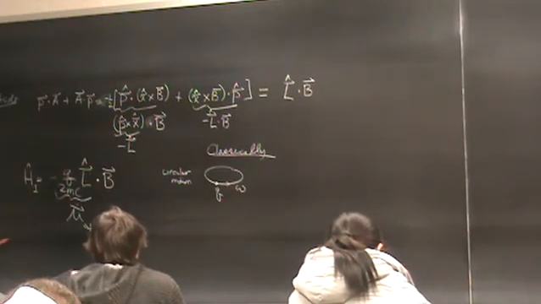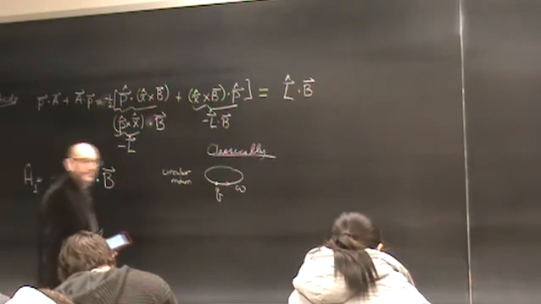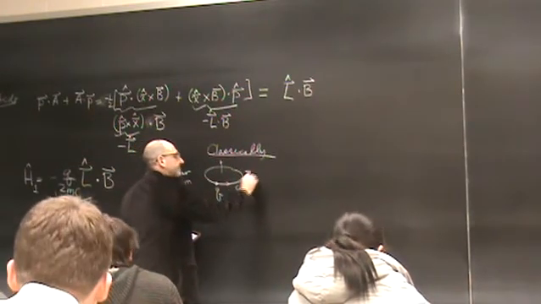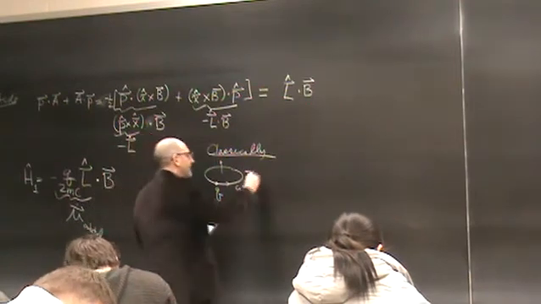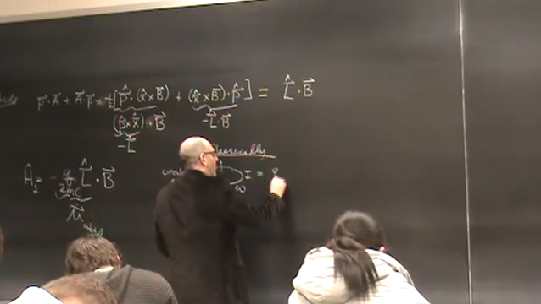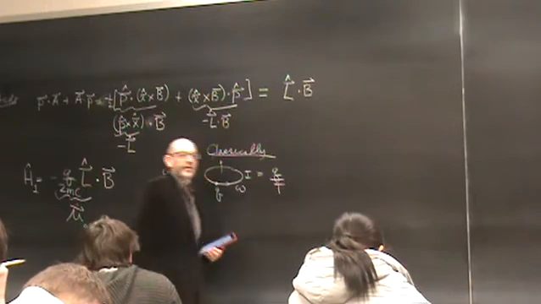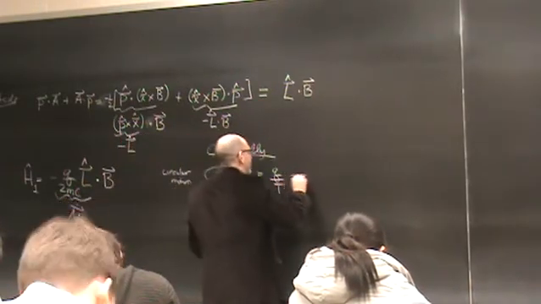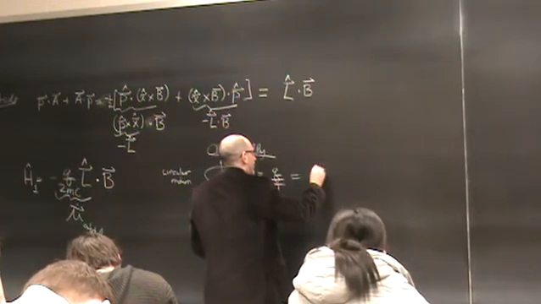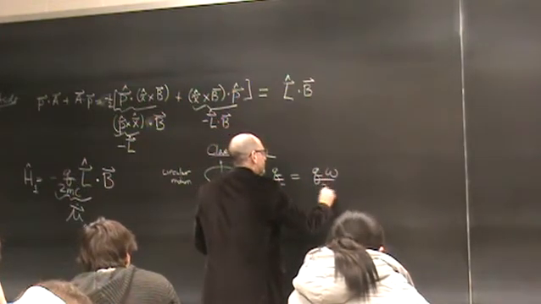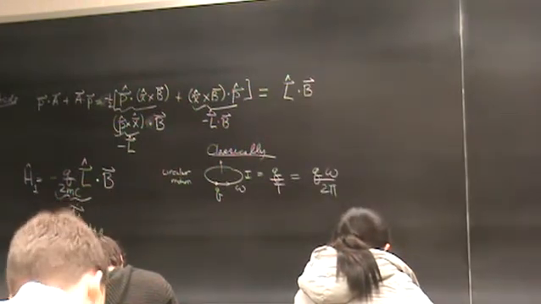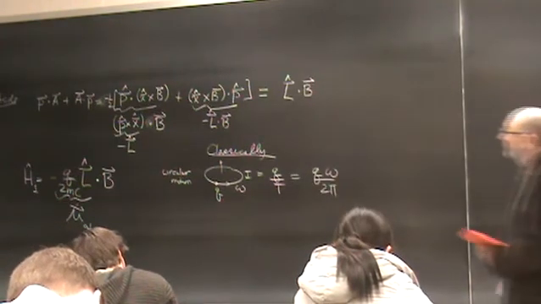This is a current loop. It has a current I. That current is equal to one charge per oscillation period, and that oscillation period is 2 pi over omega. So that's the current.